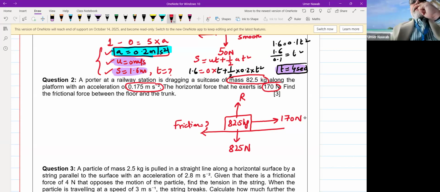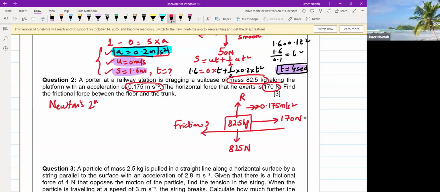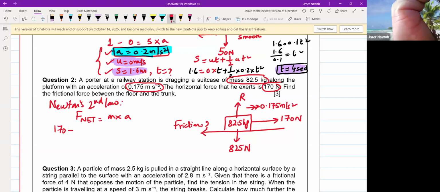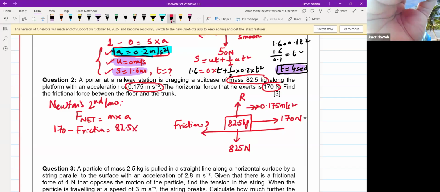Now, acceleration is given to me: 0.175 meters per second square. Newton's second law: F net is equal to M times A. F net is 170 minus friction, and mass is 82.5.